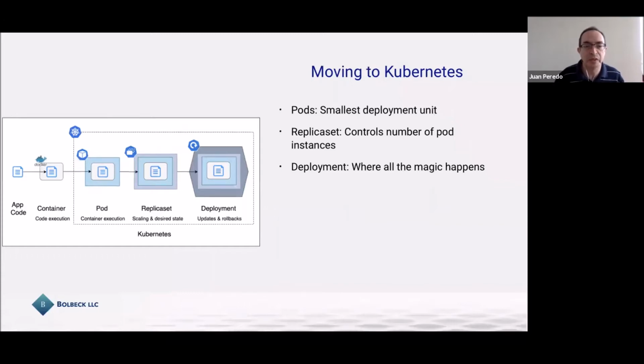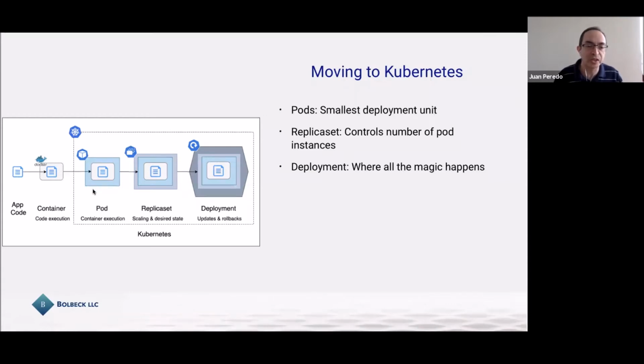But how do you move from just your code all the way to Kubernetes? Well, you start with your app code. Then you put it in a container which is in charge of executing your code. Then we send it to Kubernetes, and within Kubernetes, we have a wrapping for your container that's named a pod.